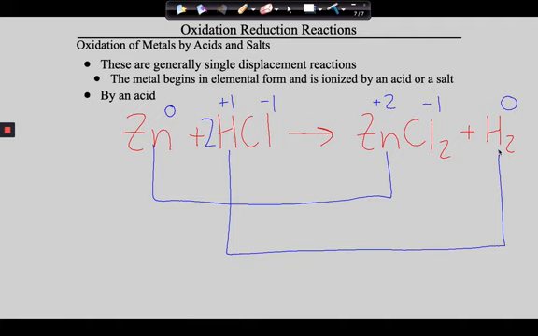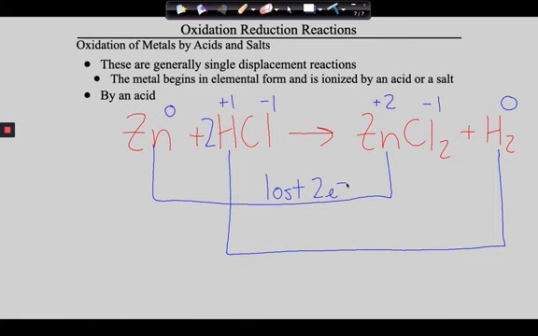Zinc went from 0 to +2. So did zinc gain or lose electrons? It lost electrons, and specifically, it lost 2 electrons. Now, what about hydrogen? Hydrogen went from +1 to 0. So how many electrons did hydrogen gain? 1. But there's 2 of them, right?